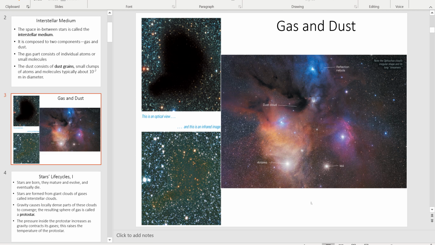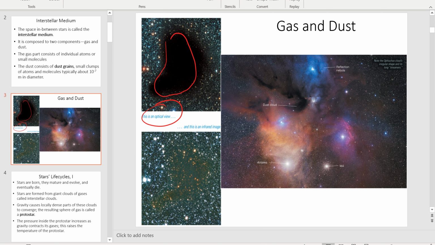Here are examples of gas and dust clouds in the interstellar medium. On the left side here we have two images of the same object. One is in the optical, meaning visible light. That's what we mean by optical. That's the top one here. And notice that you actually cannot see anything in this region here. This region is black.